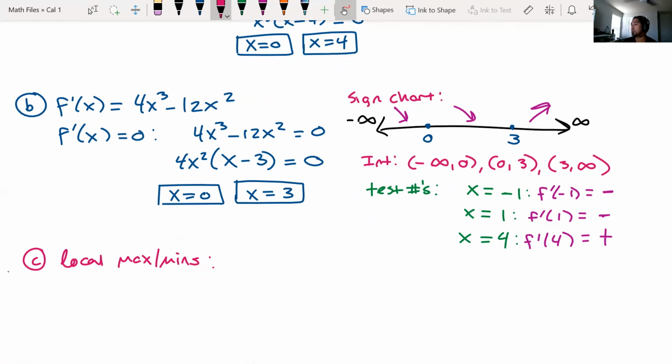This means that x equals 0 is neither a max nor a min. Now x equals 3: we decrease and then we increase. So 3 will be a local minimum.